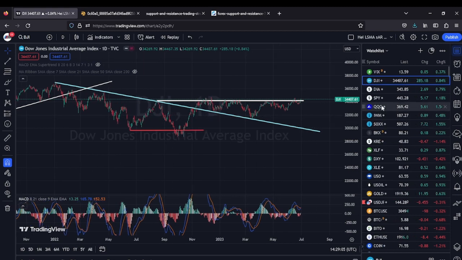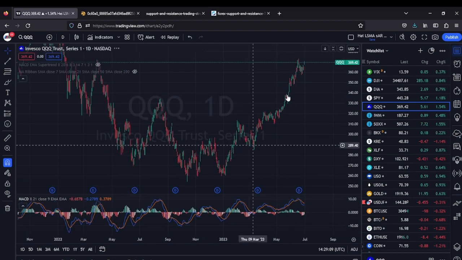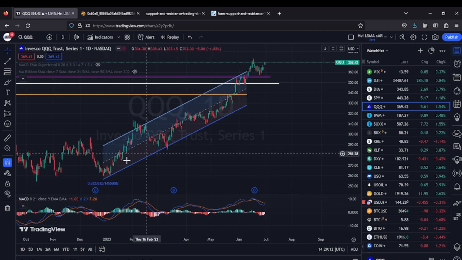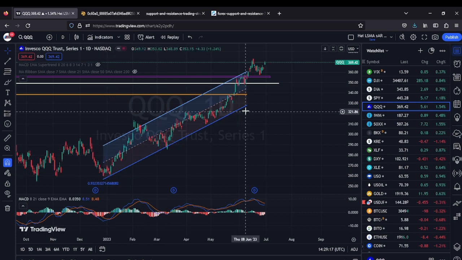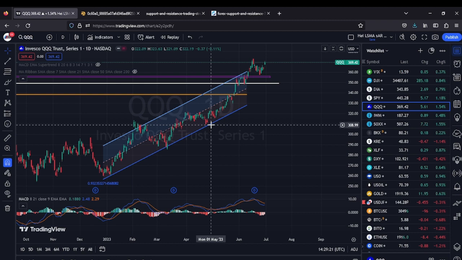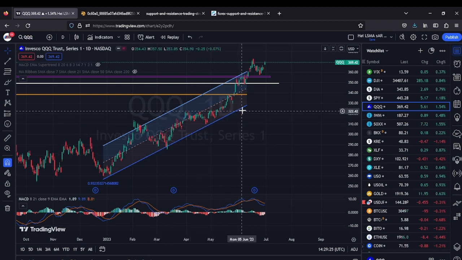On the other hand, the QQQ, the triple Q, wow, this is nice. This is an uptrend. I have a support line, a regression channel, which draws me the nice support line right here. You touch 1, 2, and 3. If I see 3 places nicely touched like this, it's a nice support line.